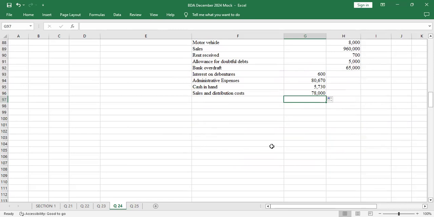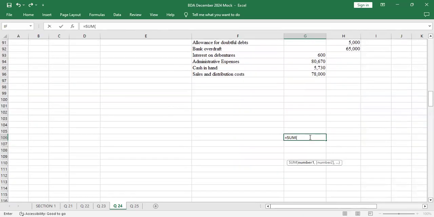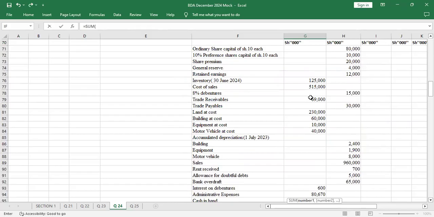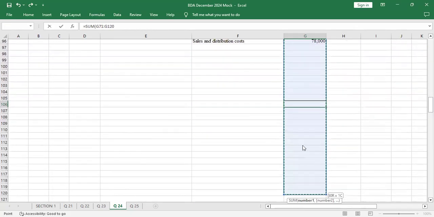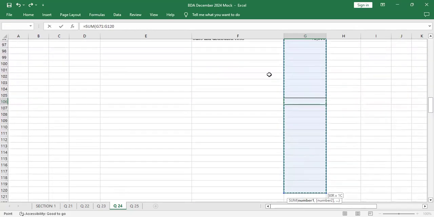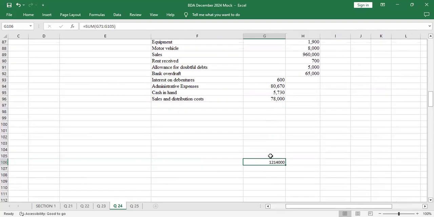So I'm going to sum this here, equals sum, and it has to balance. You have to balance the original trial balance. So I'll sum from here all the way to the last item, and drag it to see if it balances with the credit side.